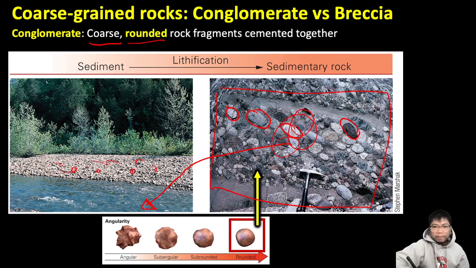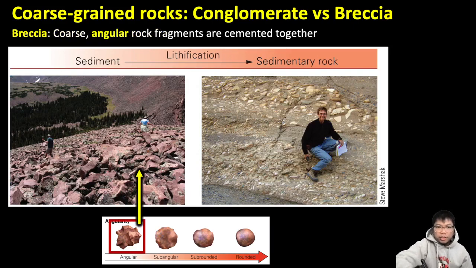within the river. All right, the next one is breccia. Breccia is the same as conglomerate in that it has coarse sediments, but the difference is that it has angular fragments instead of rounded. So for example, here we have some very angular sediments. When they become rocks, it could produce this type of rock here.